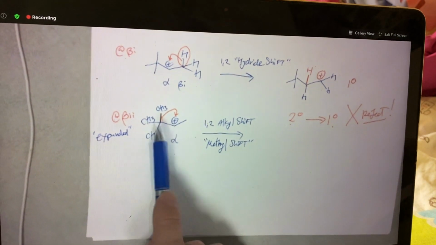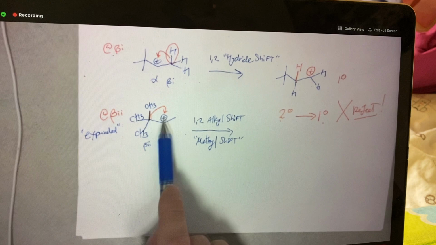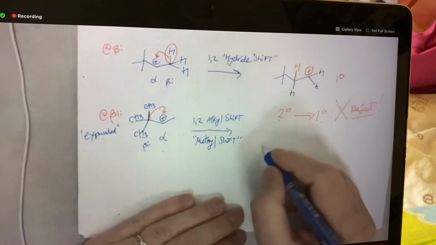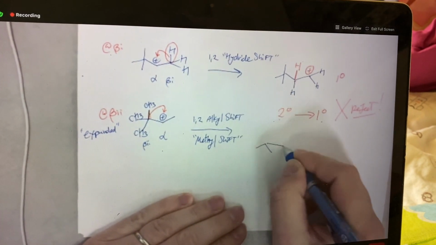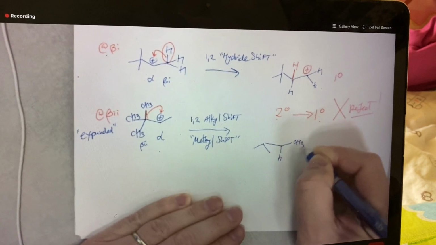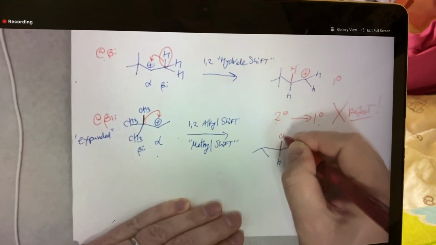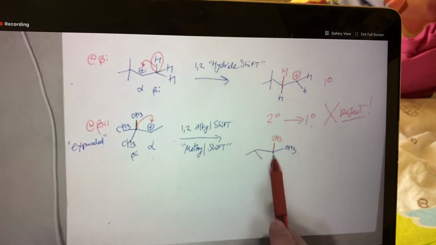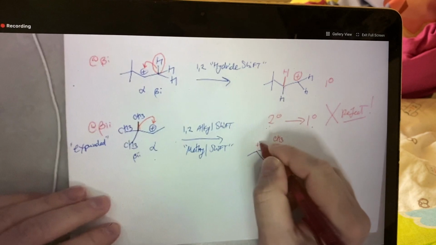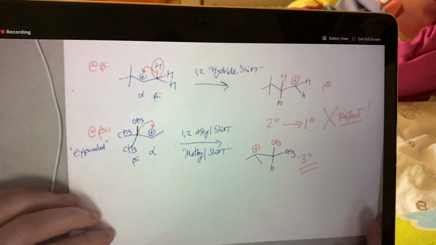We're just moving it 2 carbons, 1, 2. If we do that, we break this bond and we make a bond here. Newly formed bond would be here, and we would get a tertiary carbocation if we did this.